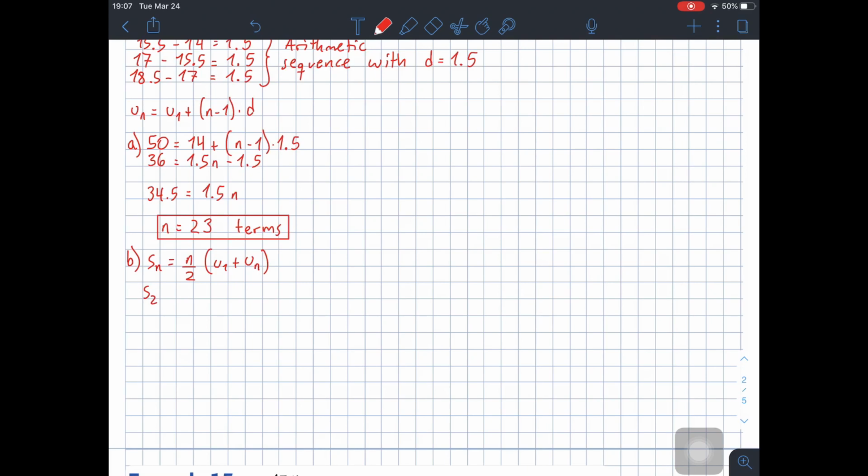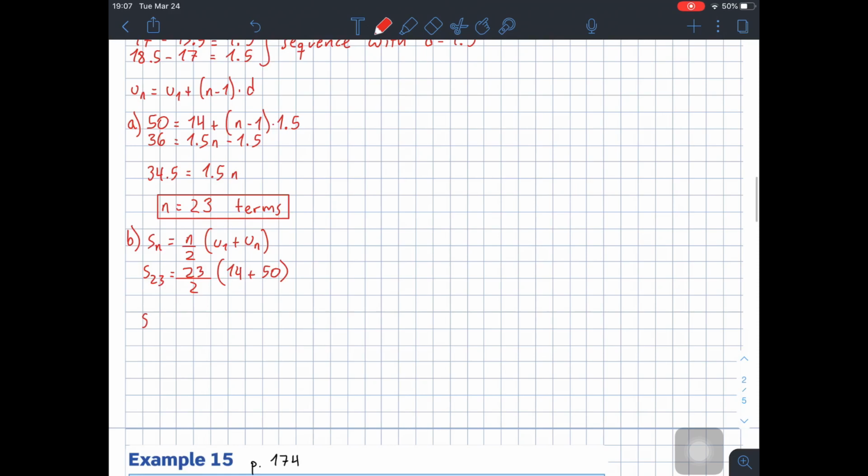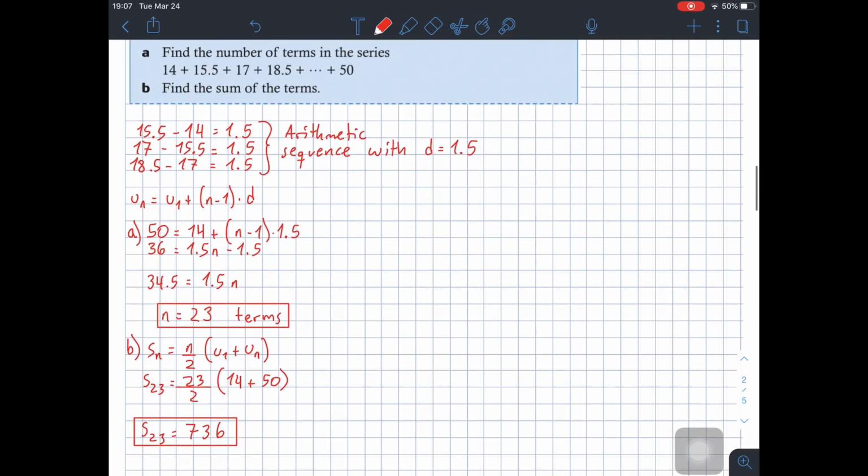So S of 23 would be 23 divided by 2 times the first term, which is 14, plus the last term, which is 50. So S of 23 is 23 divided by 2 times 14 plus 50. 736 is the sum of the first 23 terms of this arithmetic sequence.